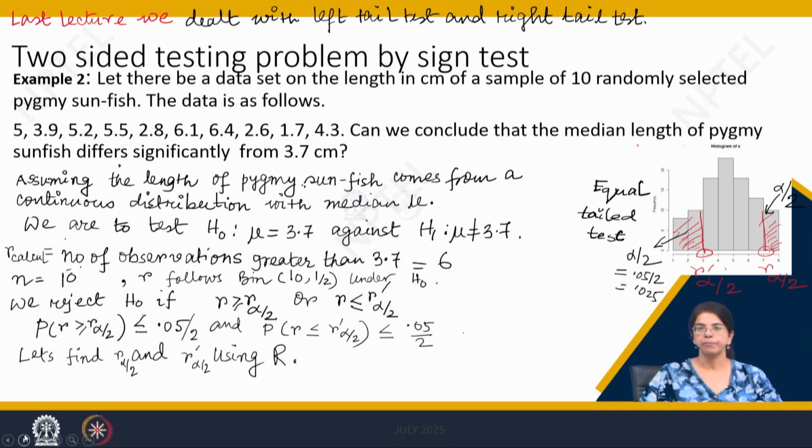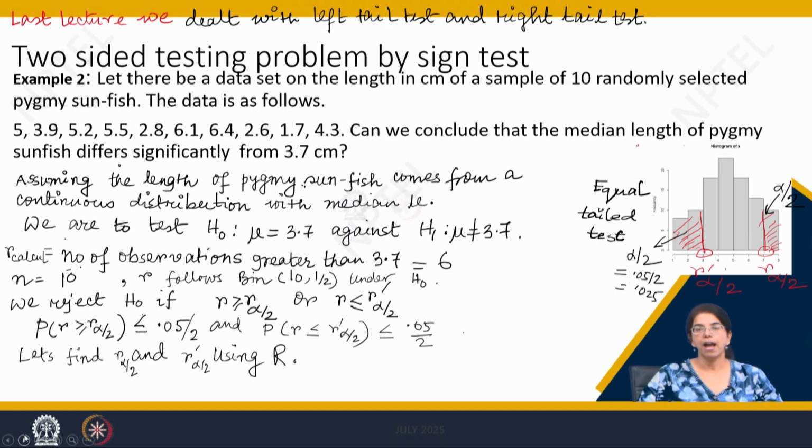Yes, it is 3.7. So the null hypothesis is mu equal to 3.7 against the alternative hypothesis mu not equal to 3.7. And in our last lecture I told you that when your alternative is two-sided, your rejection will come from both tails. One rejection will come from your right tail and another from the left hand side, right?